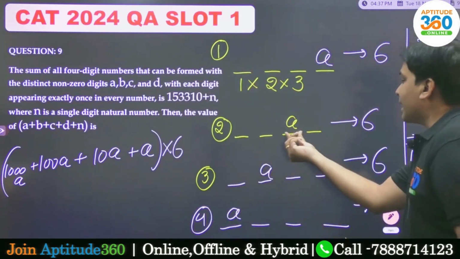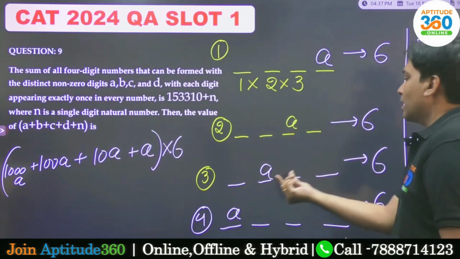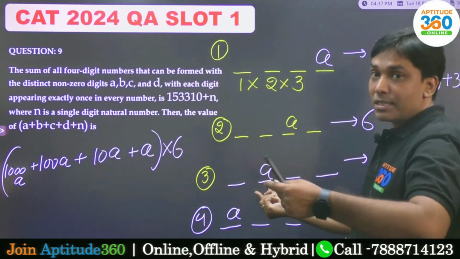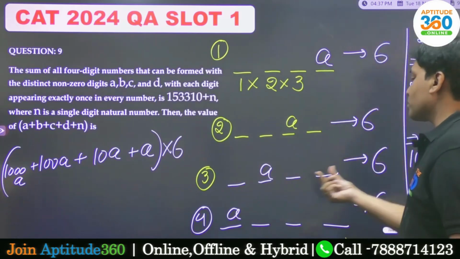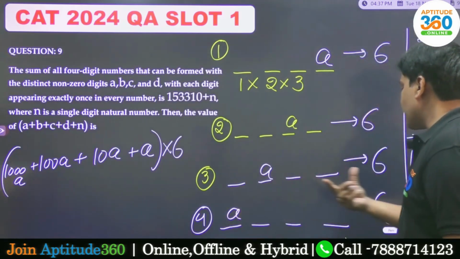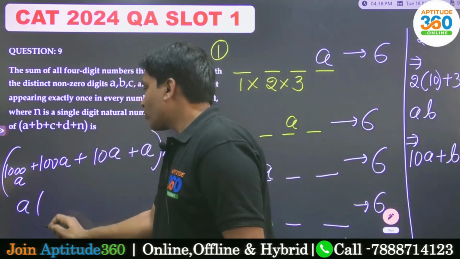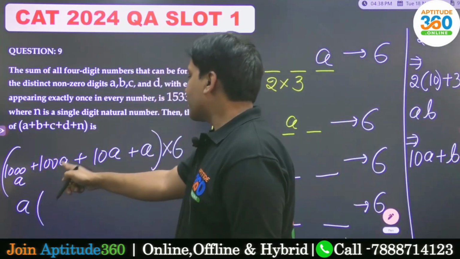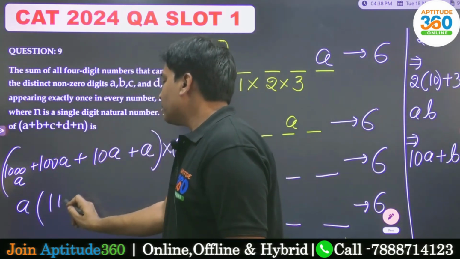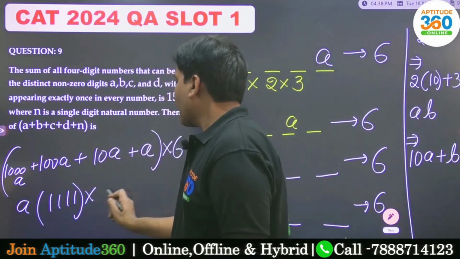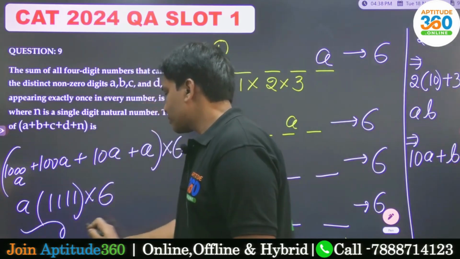So this will be 10A. How many times? 6 times. This is A at hundreds place. So 100A, how many times? 6 times. A is at thousands place. How many times is it? Again 6 times. So collectively, if you take A common from here, 1000 plus 100 plus 10 plus 1, it will become 1111, and then 6 is there.